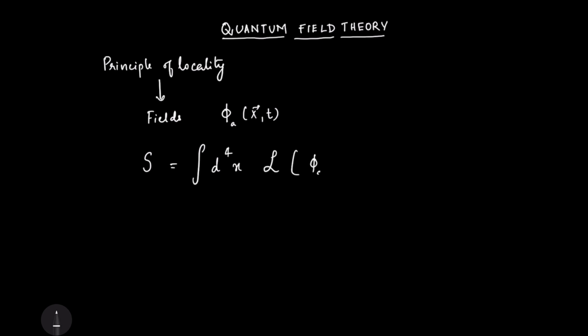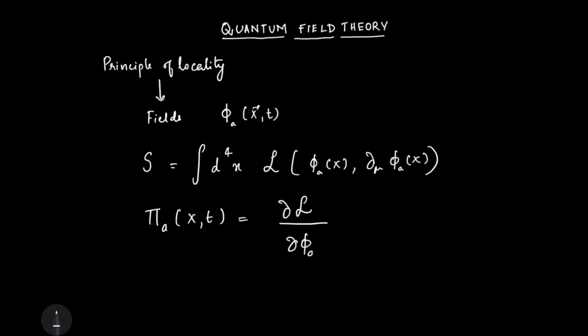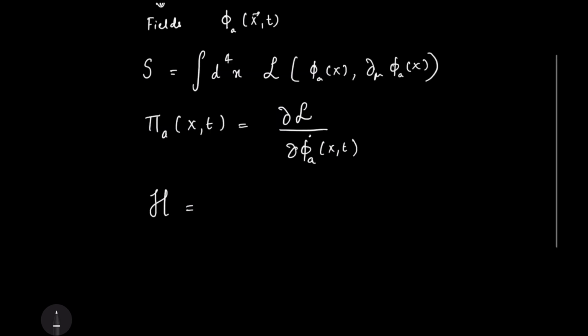Which is a function of phi a and derivative of phi a. Now the momentum density that is conjugate to each point in space is given by pi a x comma t, the derivative of the Lagrangian density with respect to phi dot a x comma t, and the Hamiltonian density corresponding to this action is pi a phi a dot minus the Lagrangian density.